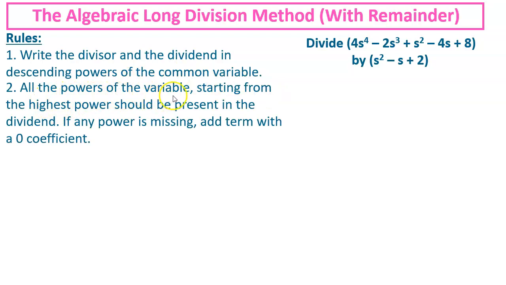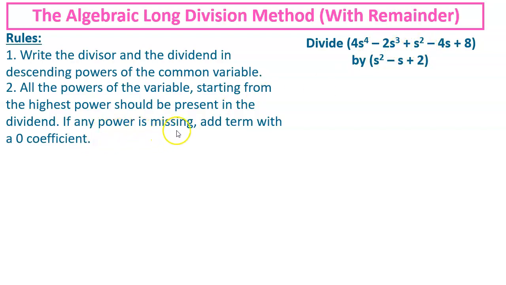All the powers of the variable starting from the highest power should be present in the dividend. It is not a must for the divisor, but it is absolutely necessary and mandatory that all the powers of the variable are present in the dividend. Okay.